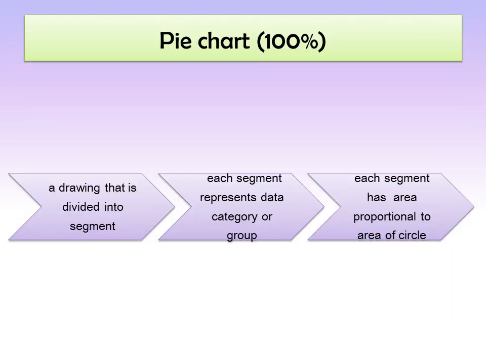Now the pie chart. It is a drawing that is divided into segments, and each segment represents a data category or group, and thus each segment has an area proportional to the area of the circle. This pie chart represents 100% of the data.